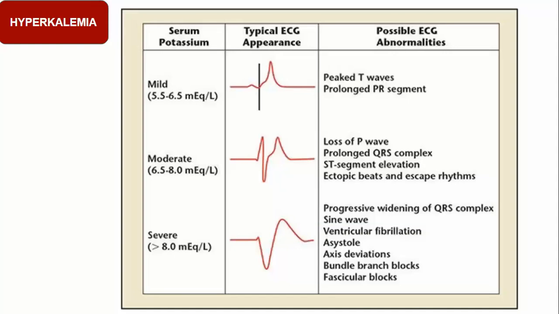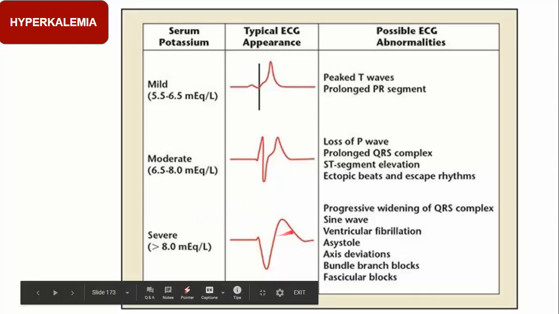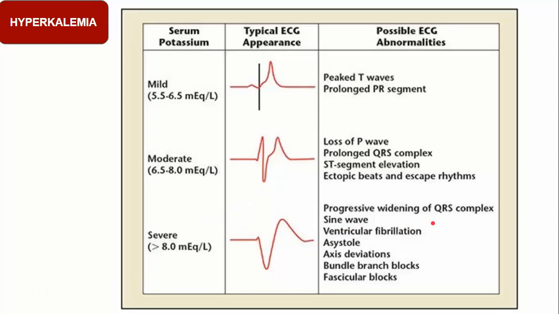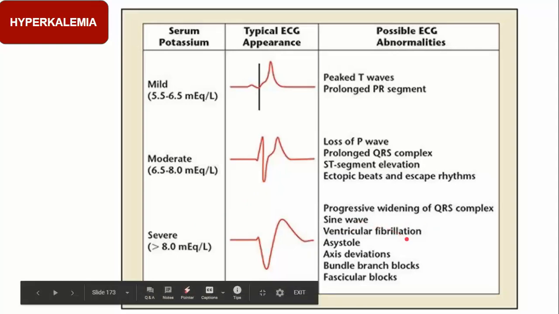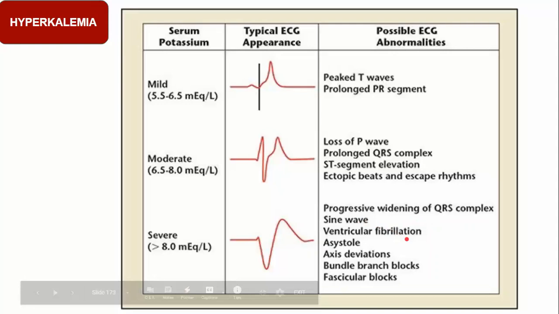Then with severe hyperkalemia, we begin to see huge widening of the QRS complex, much bigger, and we begin to see bad ventricular rhythms like VFib. So just a word to respect hyperkalemia. And the EKG patterns can look very different.